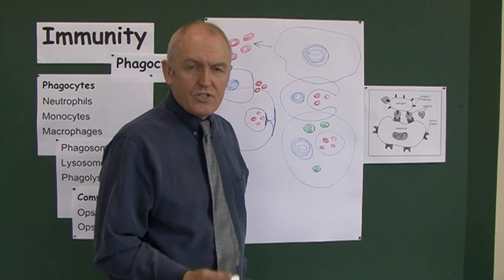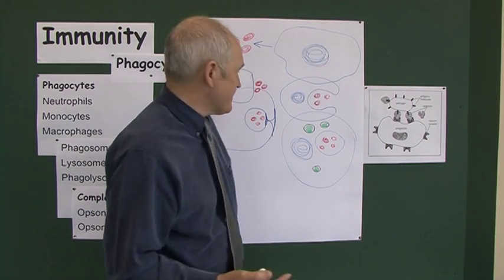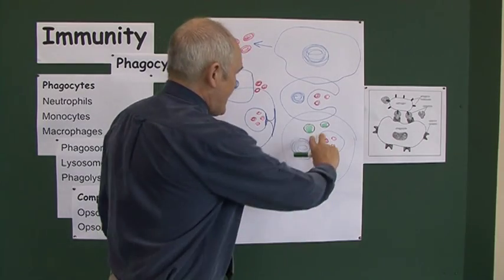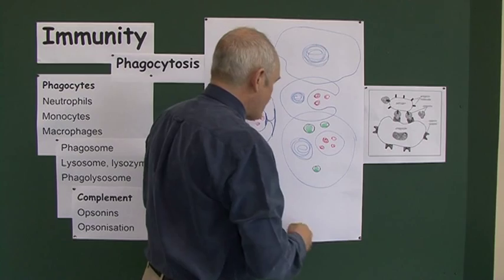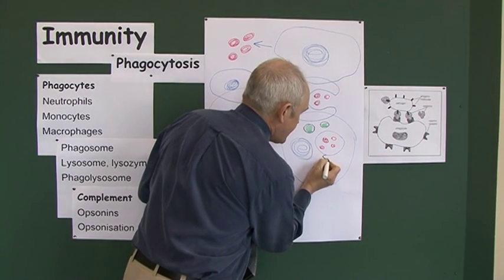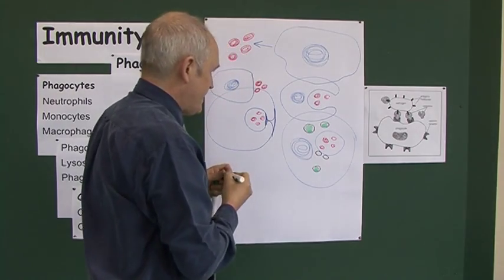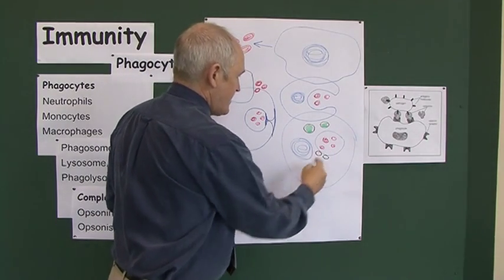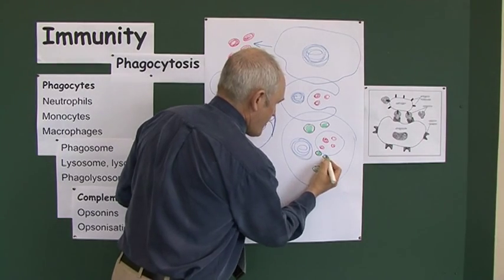So the lysosomes contain lysozyme. And here we have a phagosome, and what happens now is that the lysosomes containing the lysozyme move towards the phagosome containing the bacteria.